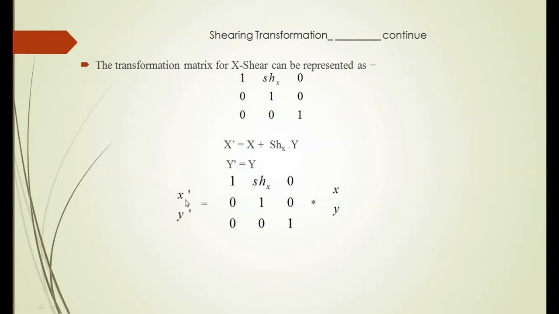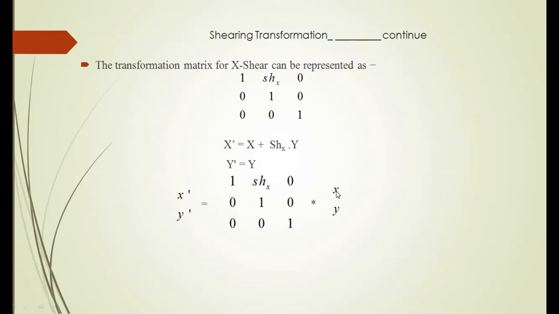Here we calculate the x dash and y dash coordinates: x dash y dash is equal to the matrix 1 SHX 0, 0 1 0 and 0 0 1 into x y. This equation is in matrix representation and we will get the new coordinates.